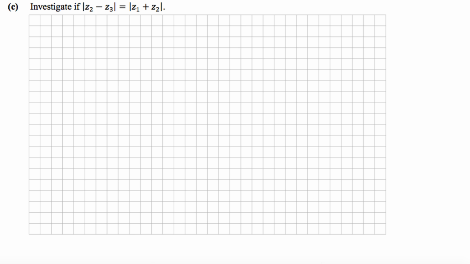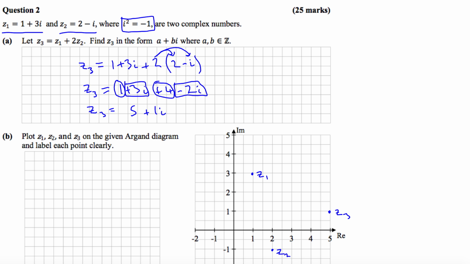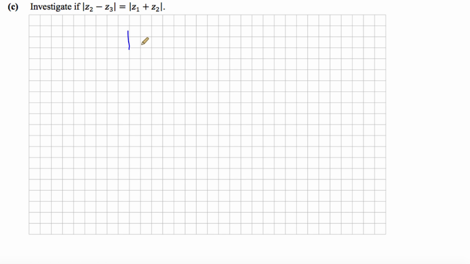Okay, so part C says investigate if the modulus of Z2 minus Z3 is equal to the modulus of Z1 plus Z2. So we'll set this up again. We're looking for the modulus of Z2, which is 2 minus i, subtract Z3. So when we're subtracting, we've got to protect in brackets.